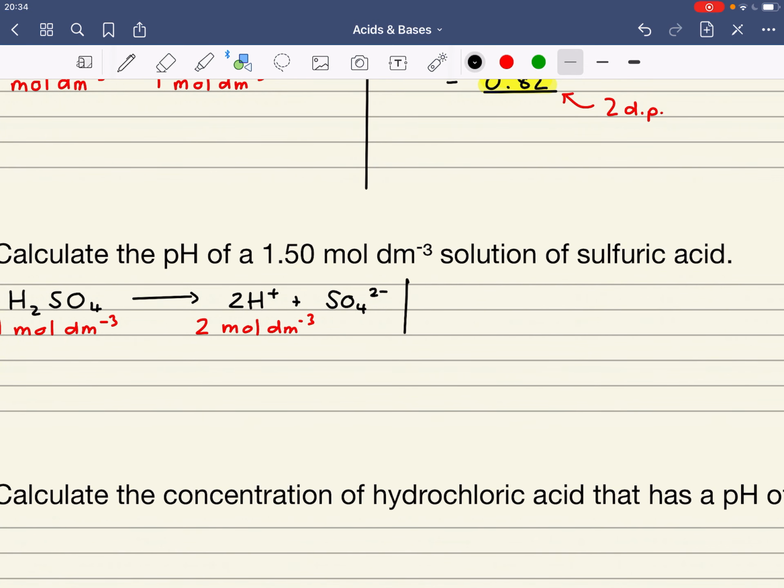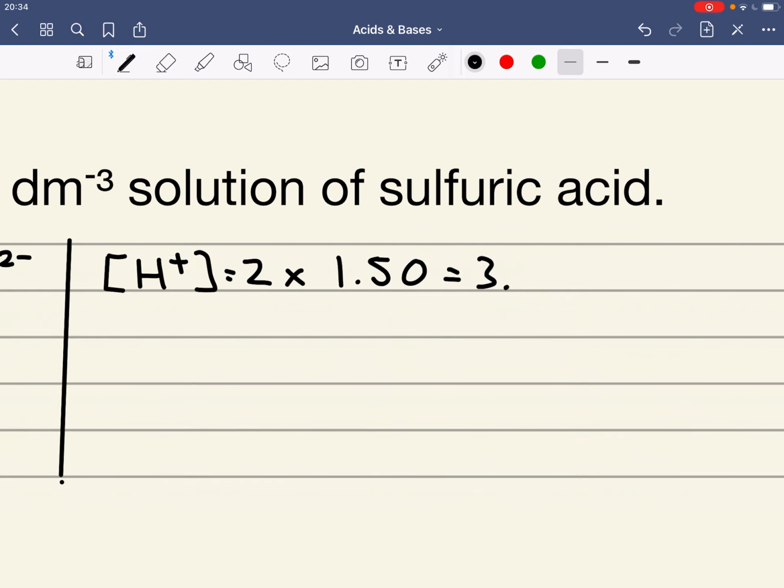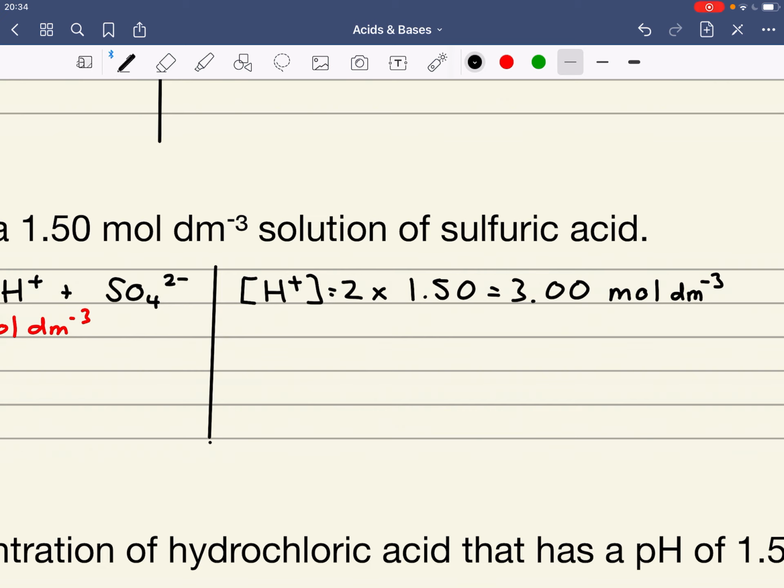So when we're asked to work out the pH of a 1.5 mole per decimetre solution of sulfuric acid, my hydrogen ion concentration then is now going to be equal to 2 times 1.50, which is 3 moles per decimetre. My hydrogen ion concentration is double my acid concentration.